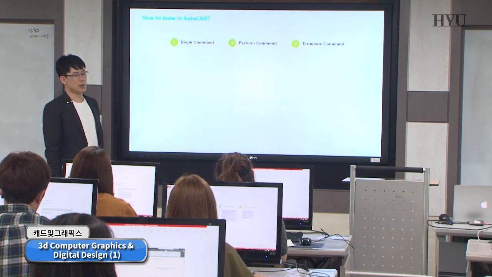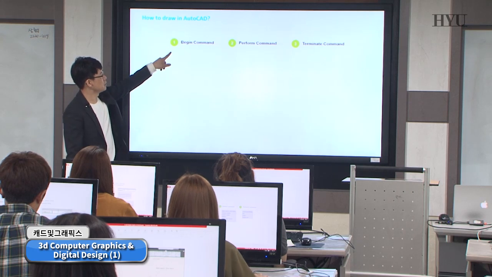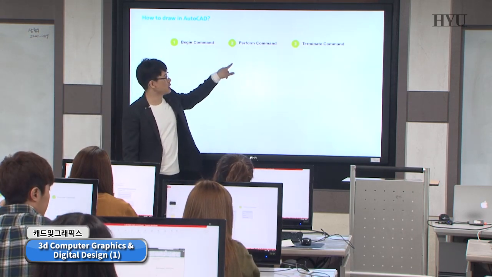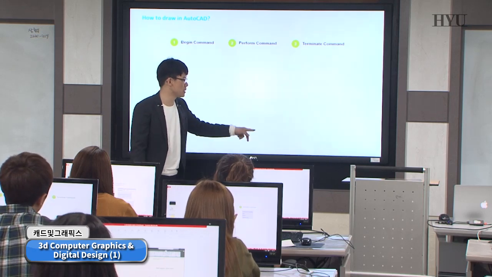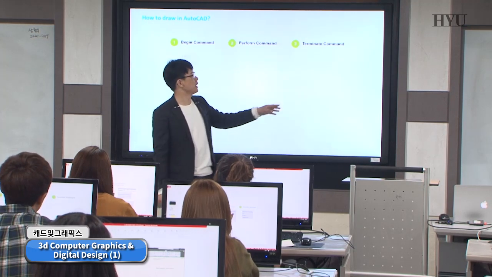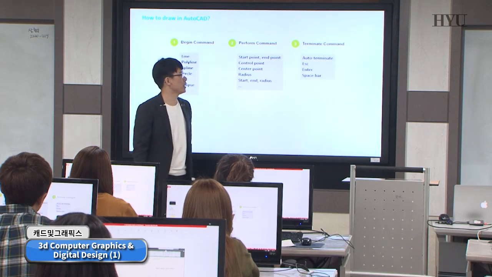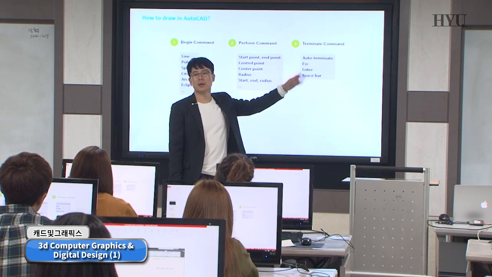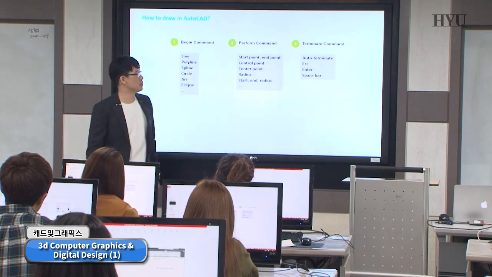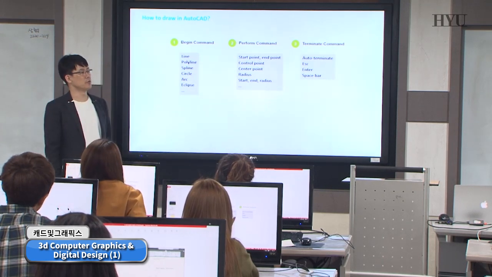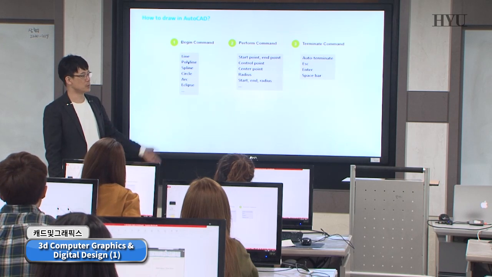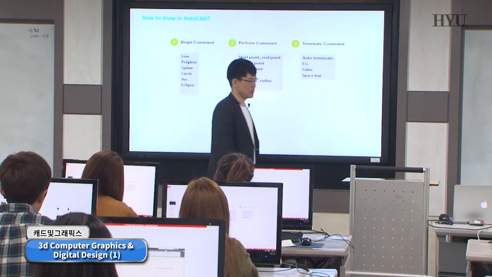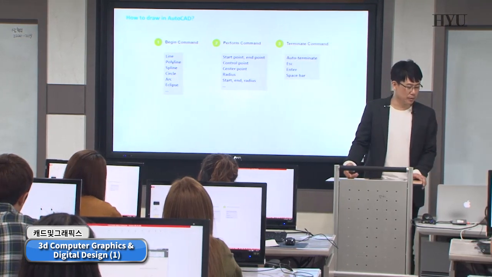So 3 parts: begin command, type L; perform command, which means start line and intermediate points, end points. At the end, terminate command, okay? ESC, spacebar, in order to finish your command. So keep in mind, you already used this process, but anyway, this process is always similar to other kinds of applications.